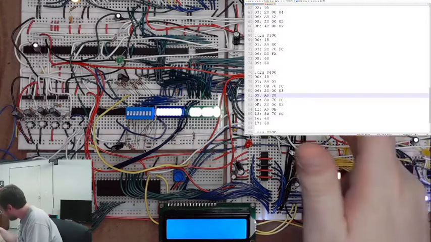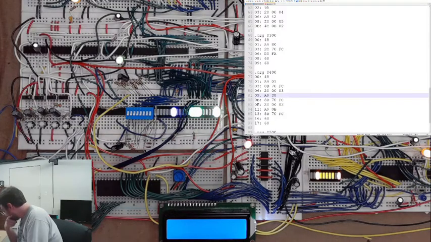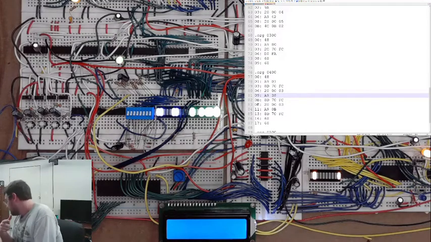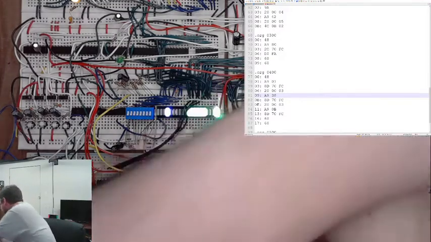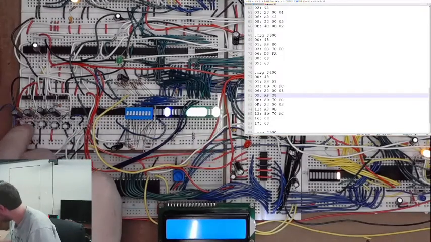What are we doing in ROM? That's weird. Okay. Let me go ahead and put this back on single step. And let's go ahead and step it.